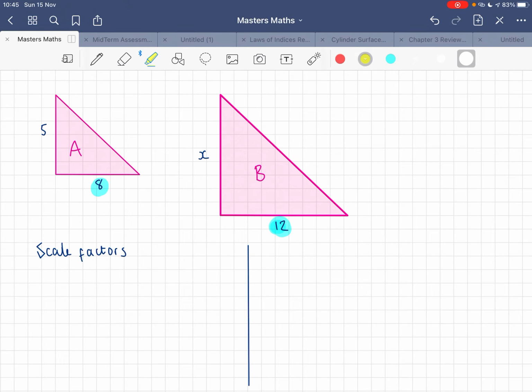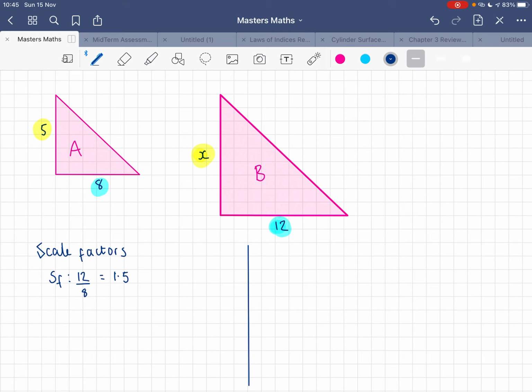The 5 and the x would be the other corresponding side. We need to use the blue highlighted ones to work out the yellow x. So we can work out the scale factor by working out what we've multiplied 8 by to get 12. We do that by dividing 12 by 8. So the scale factor is 1.5.